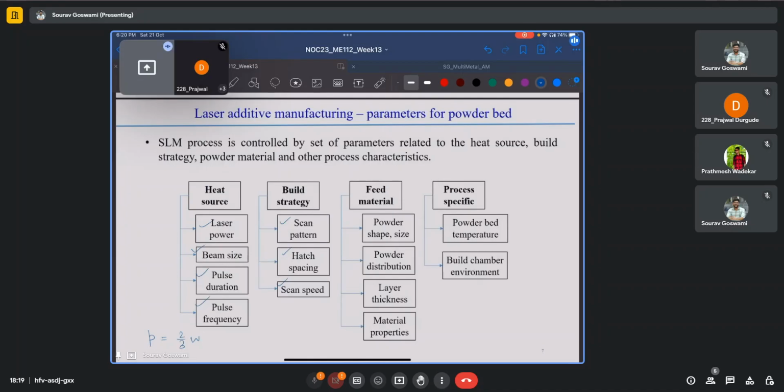In case it is a powder, the powder shape in terms of the sphericity will dictate the powder flowability as well as the packing. Again, the powders will never have just one mean size. There will be a distribution, and the sort of distribution is also necessary to ensure proper packing density and compaction, as we discussed. However, the distribution should not be very wide.